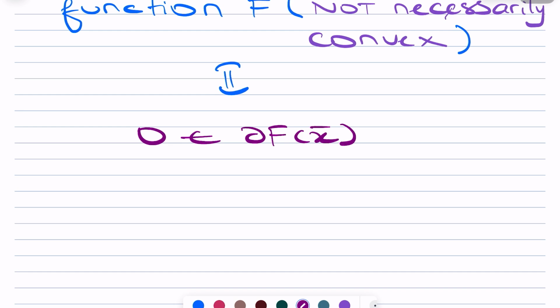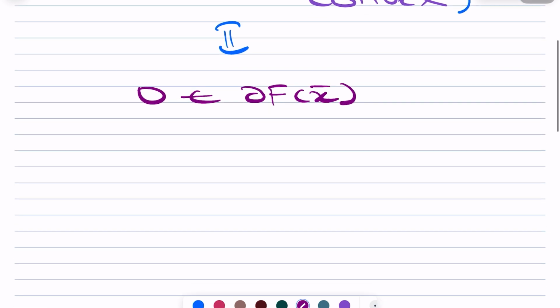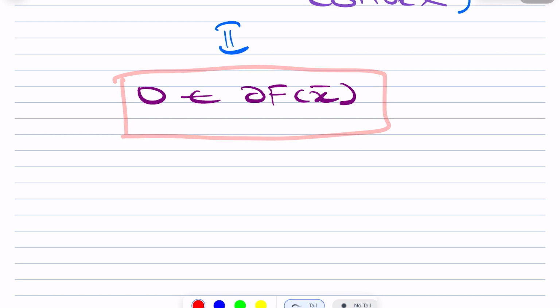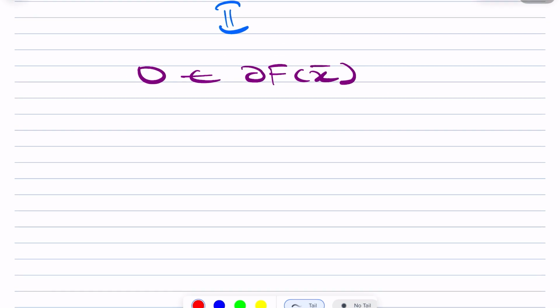However, this condition on its own is not really useful. It gets useful if the function f has more structure and if you have calculus rules on subdifferentials. Honestly speaking, one rarely obtains subdifferentials from the fundamental definition, but rather by applying calculus rules.